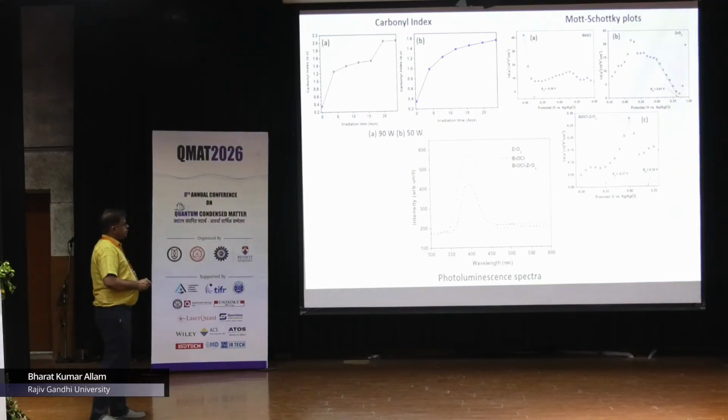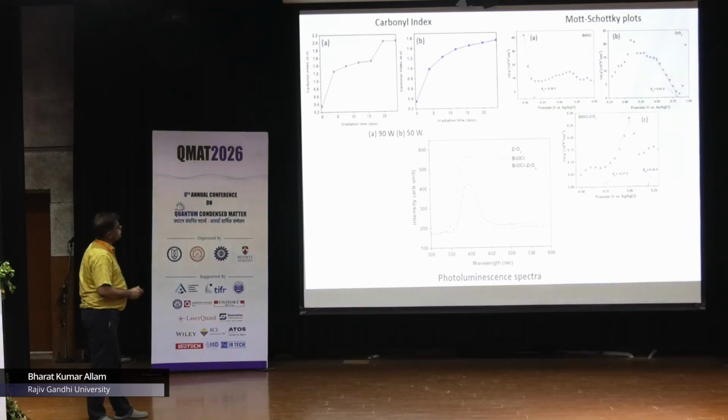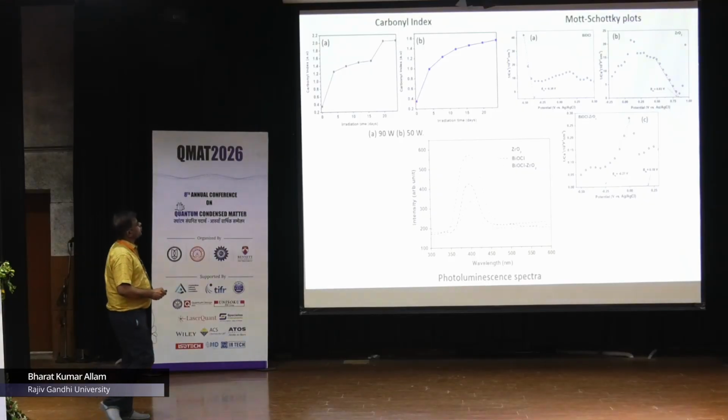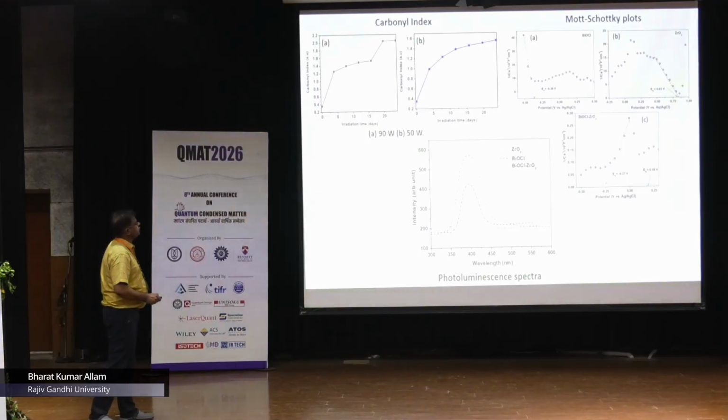To assess what kind of heterojunction the bismuth oxychloride zirconium oxide is, we also conducted Mott-Schottky plots of this nanocomposite. From these plots, we observed that bismuth oxychloride shows a negative slope, so it is a p-type semiconductor, and zirconium oxide shows a positive slope, so it is n-type. For the composite, we have an inverted V shape, which represents p-n junction formation.